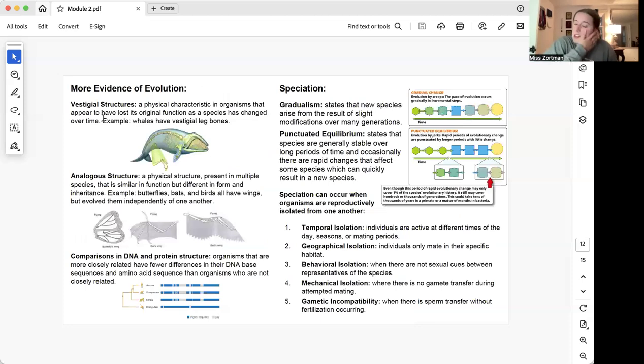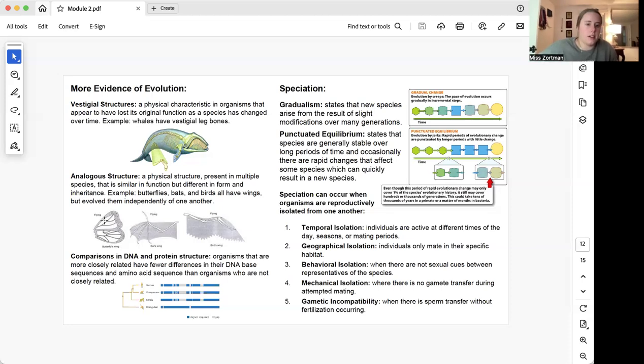Vestigial structures are structures that no longer have a function to the species. So a whale having leg bones. Whales don't have legs, and the bones are just floating in its abdomen. It's not a structure that's needed anymore, but it indicates that a whale at one point might have had legs. Analogous structures are basically the opposite of homologous.